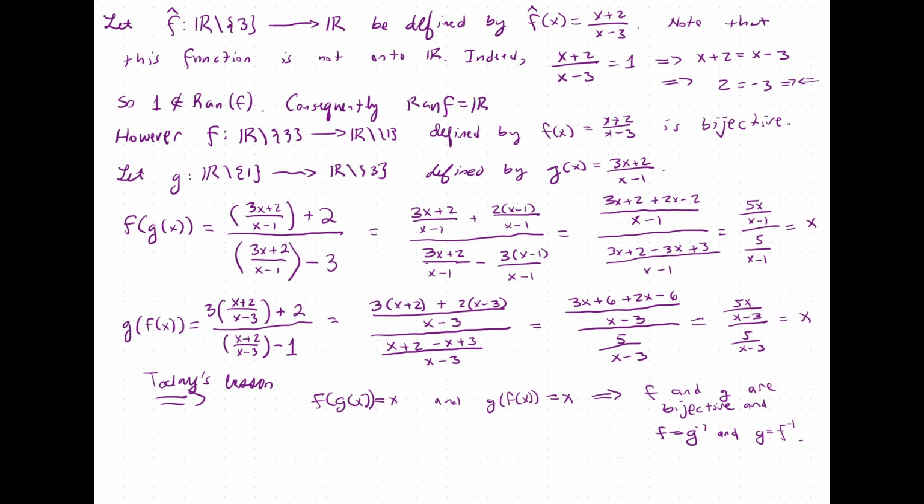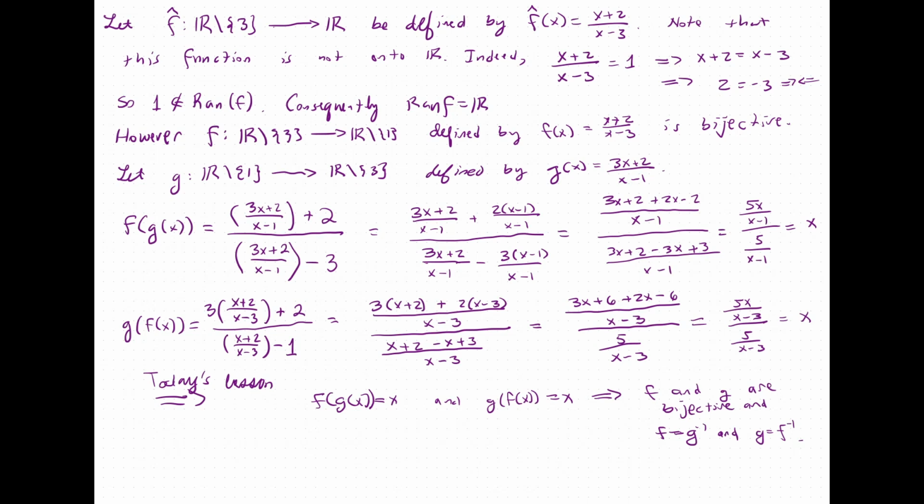Because as of right now, the example that we have done, I have not shown that it is one-to-one nor onto. But the benefit is, because we have this g and the compositions give us back the identity relation, that would suffice to deduce that the functions are in fact both bijective.